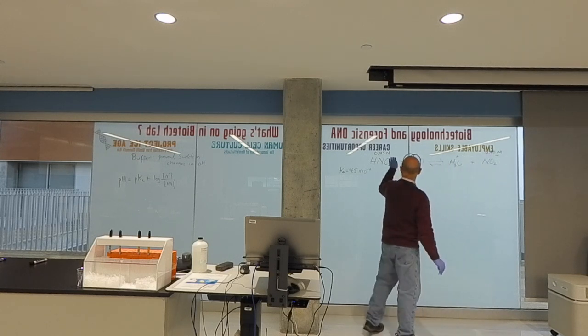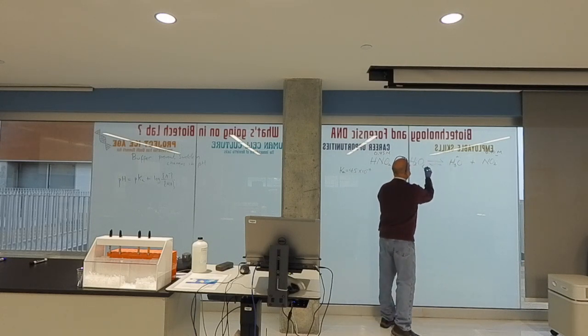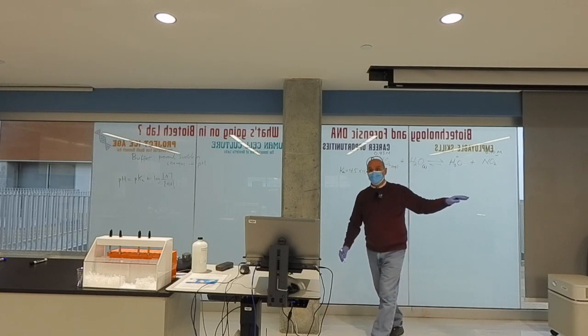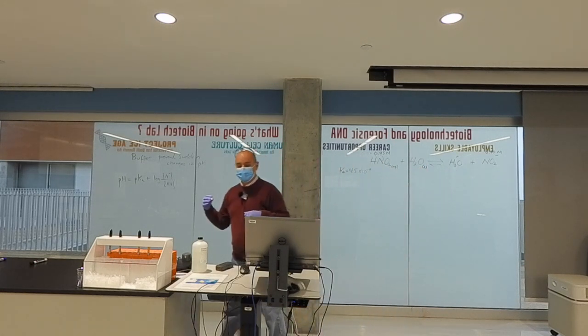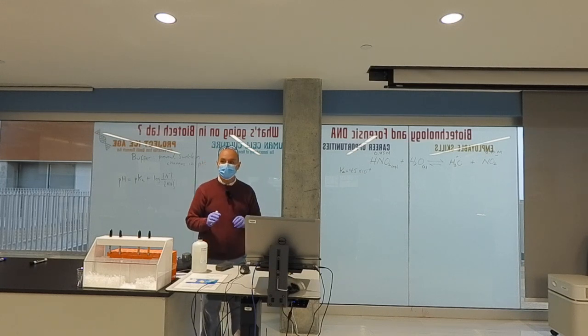So these are the initial concentrations of those two species. The water is liquid, it doesn't count. This one at the beginning contributed by the HNO2 is 0 because we haven't mixed the two together.